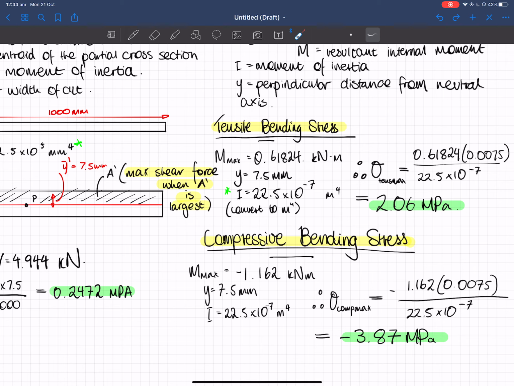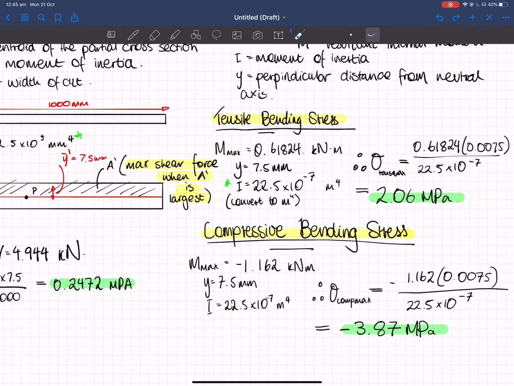Y equals 7.5, and we had to convert the moment of inertia to meters, so that ended up having a 10 to the negative 7. Putting this into the formula, we received a result of 2.06 MPa.